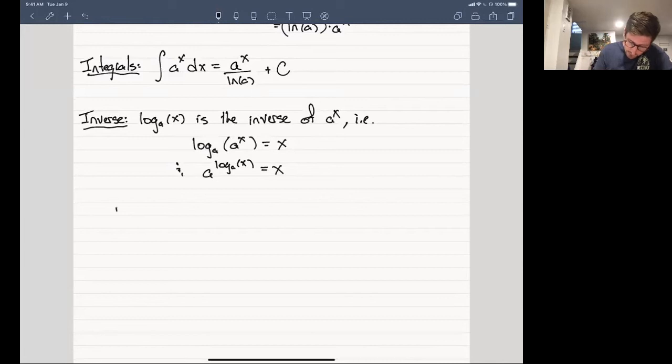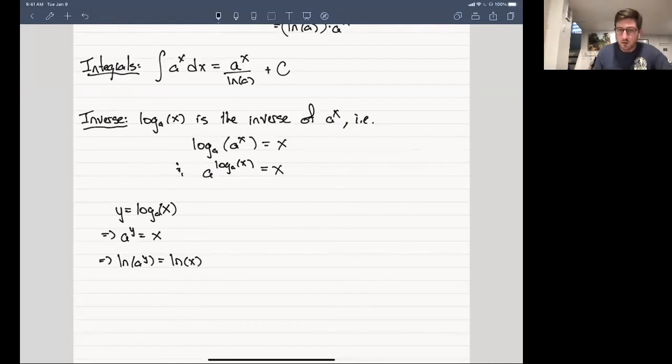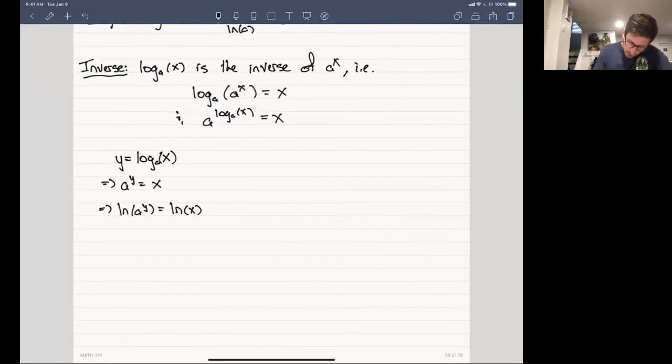Well, let's notice if I say y is equal to log base a of x, this is the same as saying a to the power of y is equal to x, which I can hit both sides of with a natural logarithm. Now we know the exponent comes down. This leaves me with ln of x. So I'm just using properties of the logarithm so far.